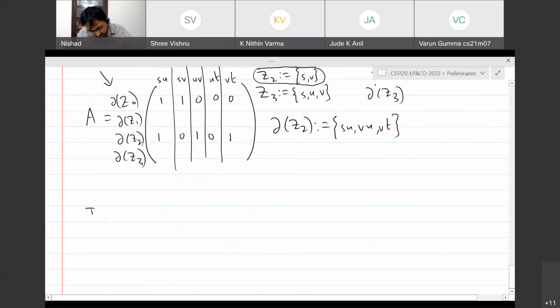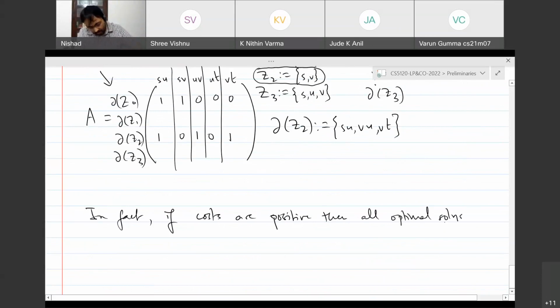In fact, if the costs are positive, then all optimal solutions to the ILP correspond to shortest paths of the graph G, shortest ST paths, and vice versa.